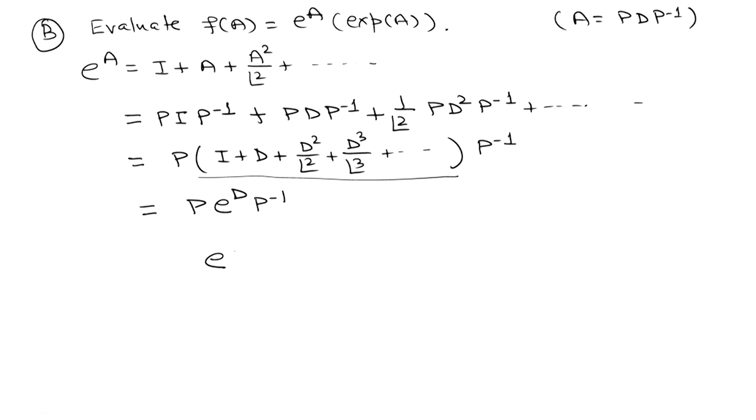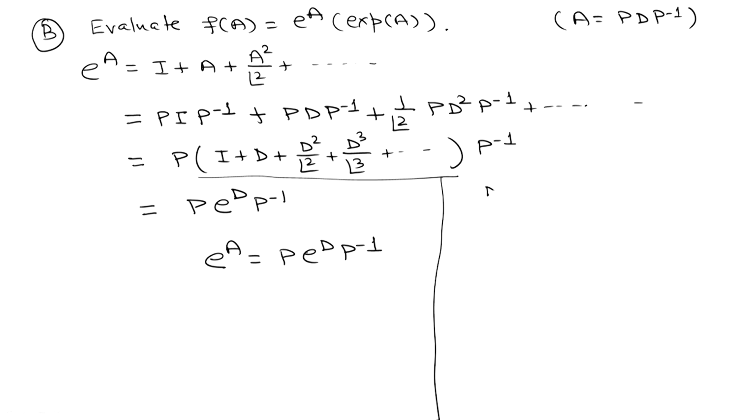So what I got is e raised to power A equals P e raised to power D P inverse. Now, the question is, if D is given to you, how to evaluate this e raised to power D.